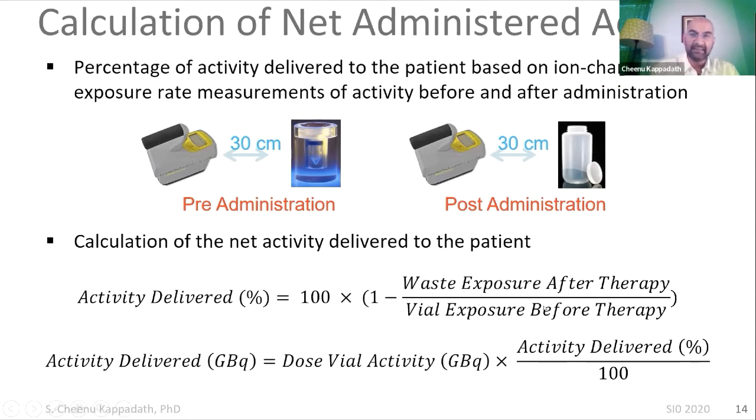And by looking at the ratio of those exposure rates, we get a sense of what is the fraction of activity that was delivered to the patient. And then we can take that fractional activity delivered and multiply that by the net activity in the original vial to estimate what was the activity that was actually delivered to the patient.